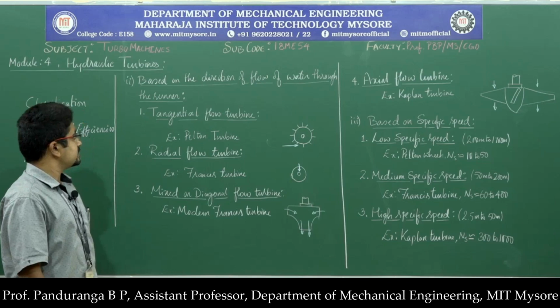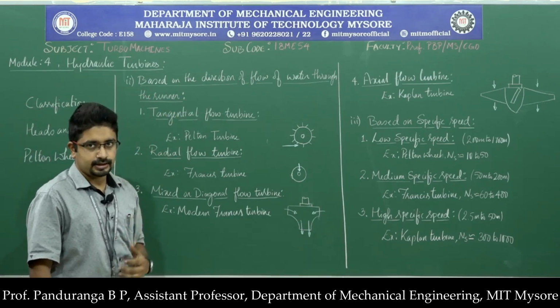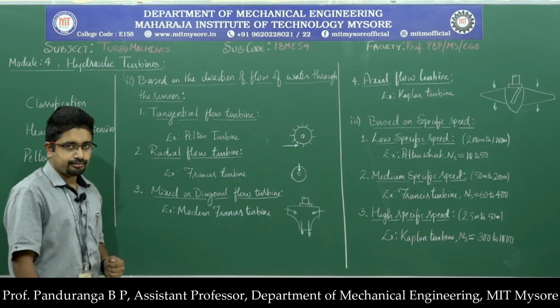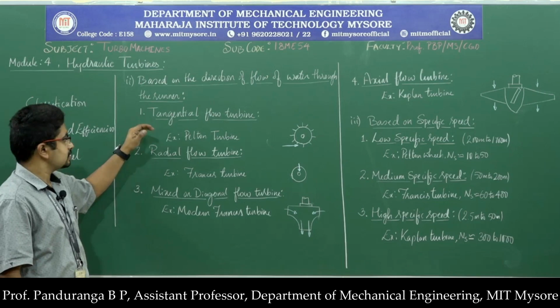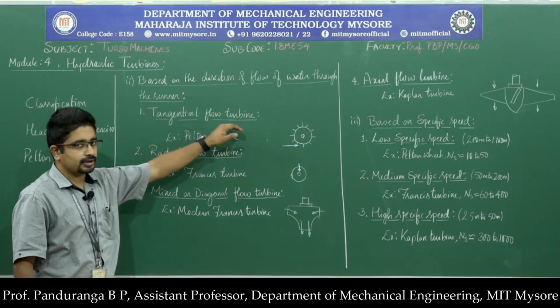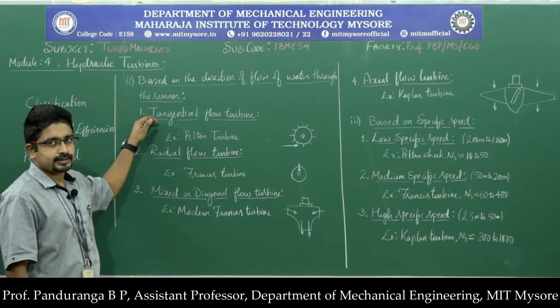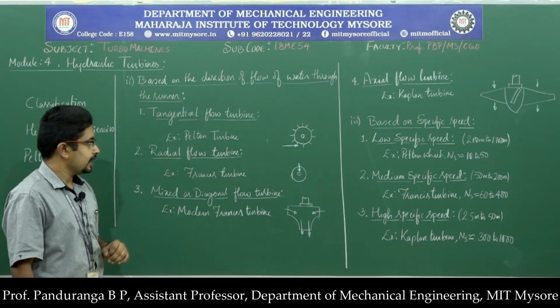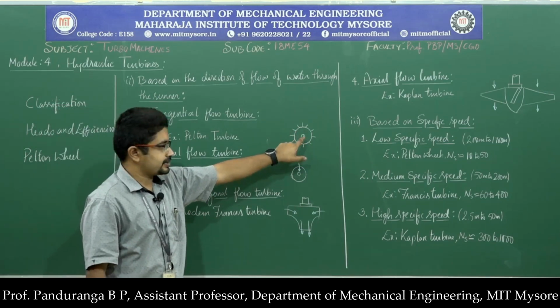Next classification is based on the direction of flow of water through the runner or through the turbine blades. And here we have several classifications. The first one is tangential flow turbine. In this case, here we have the runner and then we have the shaft.